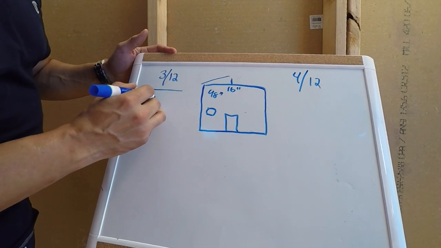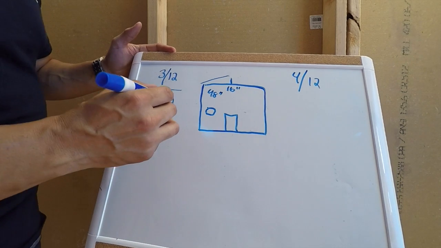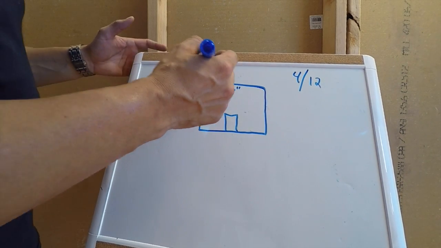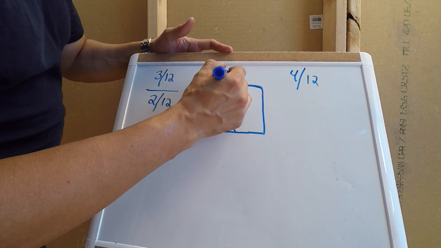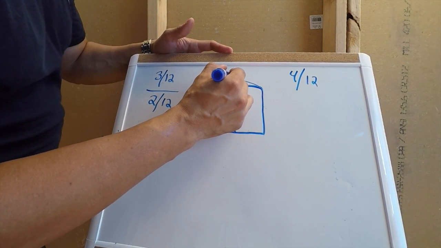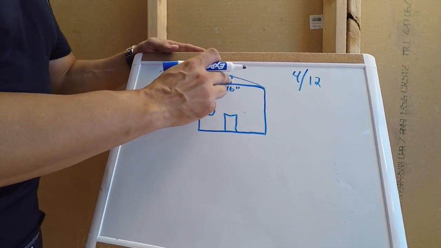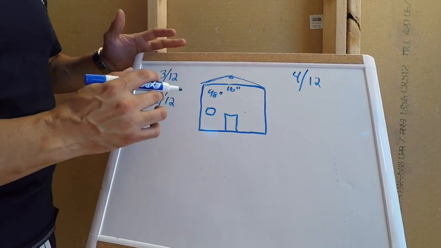Now, if you were to use a 3/12 pitch, you could still use a ridge board. Anything below a 3/12 pitch, say a 2/12 pitch, you're going to need to use a ridge beam, which basically means that these rafters are going to meet at the top and there's going to be a board underneath it. That's by code right there. You have to do that for anything below a 3/12 pitch.